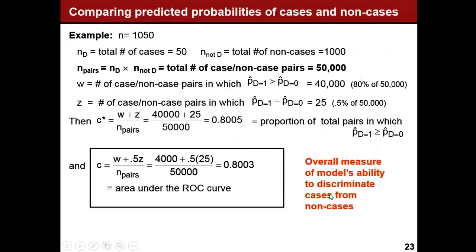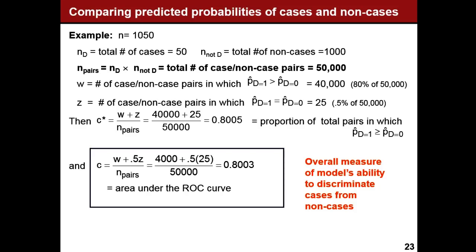Here's the short way. Here's an example. We have a data set with 1,050 folks, 50 cases and 1,000 controls, non-cases. What it does is look at every pair of case to non-case, all the possible permutations, like I pick one out of the 50 people out of a hat and one out of the 1,000, and you pair them up.